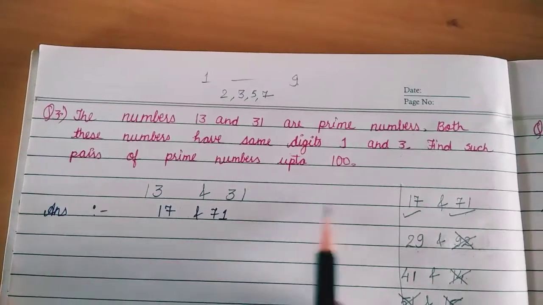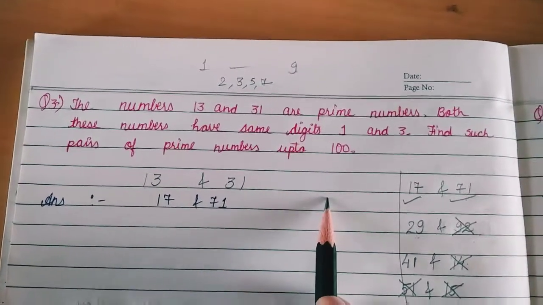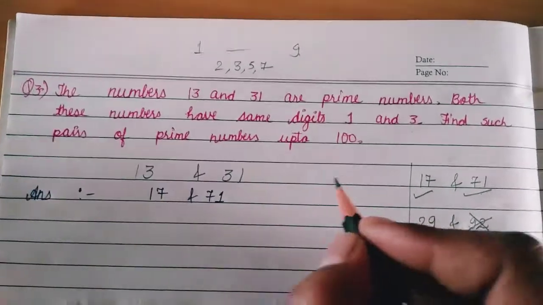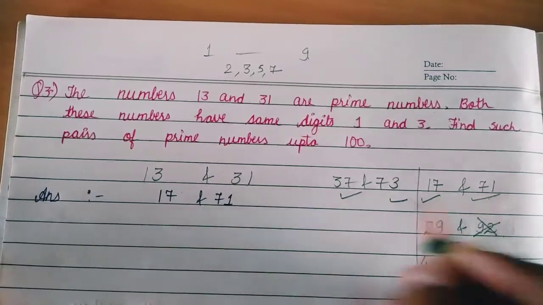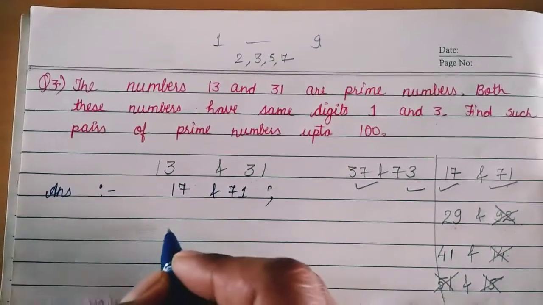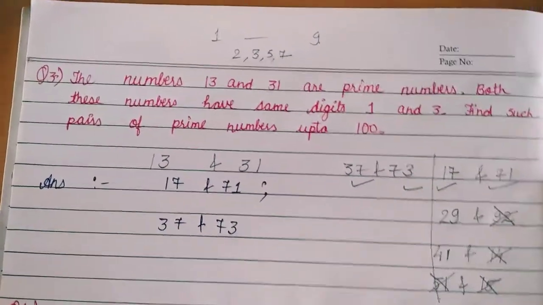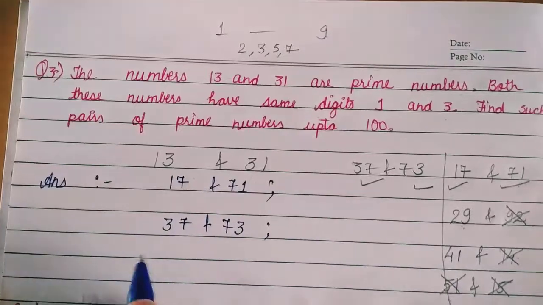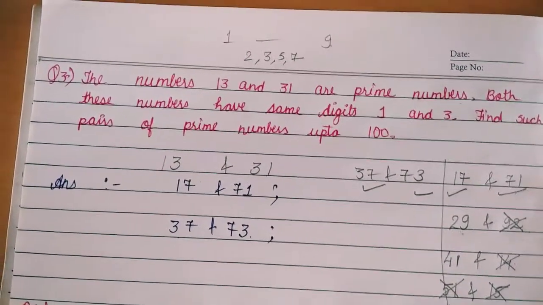On that time both have to be prime numbers. 37 and 73, yes, both are prime numbers. So the next pair is 37 and 73, which gives a pair of prime numbers containing 3 and 7.